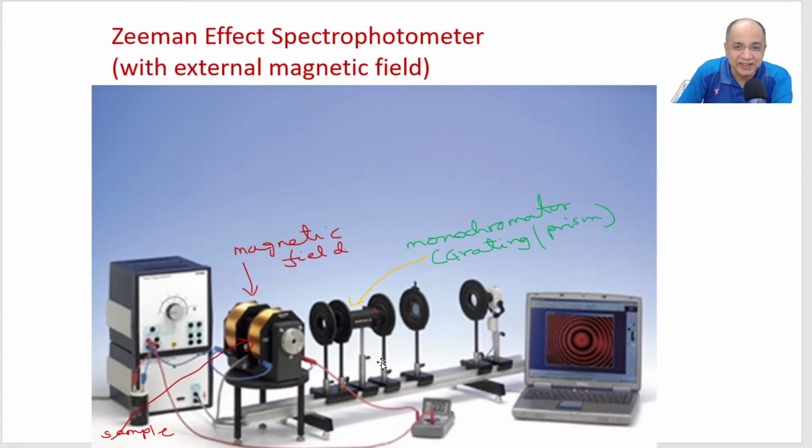Now see, this is a Zeeman effect spectrophotometer where an external magnetic field, now this is the North Pole and South Pole. Nowadays electromagnets are used, where by increasing the current you can increase the magnetic field strength, and by switching off the current, you totally make the spectrum go out of Zeeman, or magnetic field will be zero.